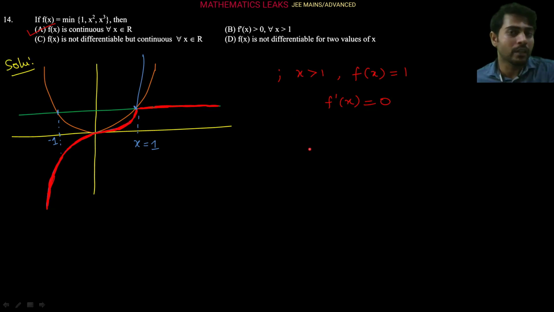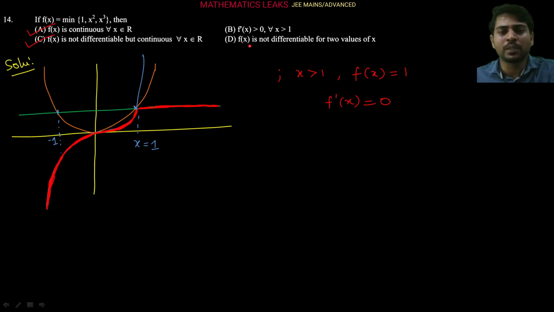So this function is non-differentiable only at the point x equals 1. Why? Because in this red graph there is no break or gap, meaning the function is continuous, but there exists a corner at the point x equals 1. So corner is existing here, and at this point the function is not differentiable. So C option is also correct here, right?